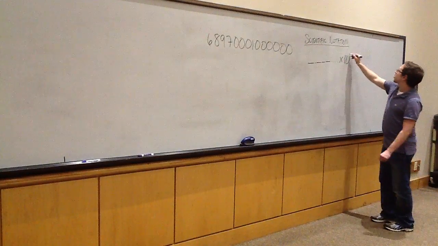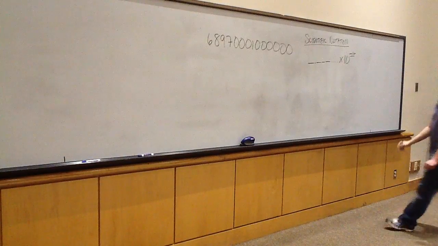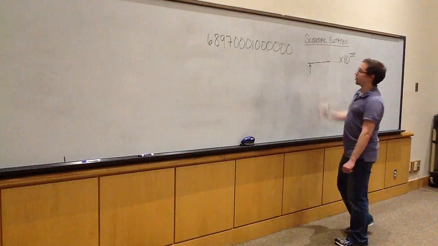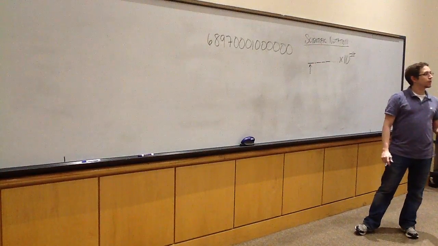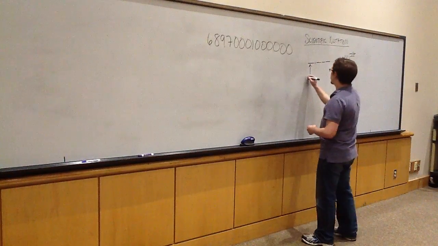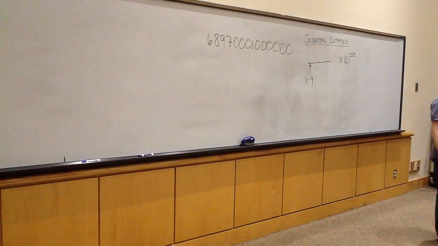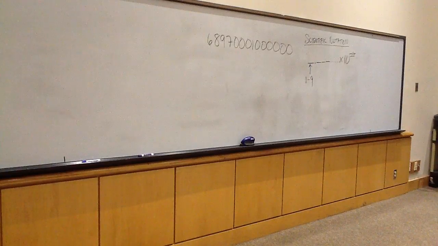And that exponent is either going to be negative or positive. Okay? Now, this number here, just before the decimal, that number needs to be between 1 and 9. 0 is not okay, and anything greater than 9 is not okay. It has to be between 1 and 9.